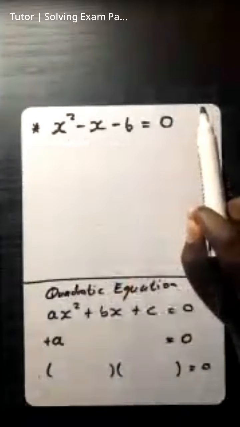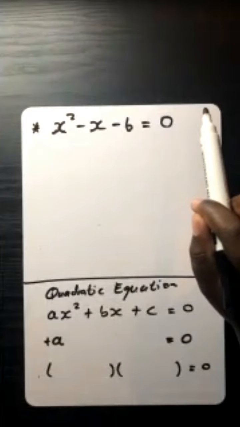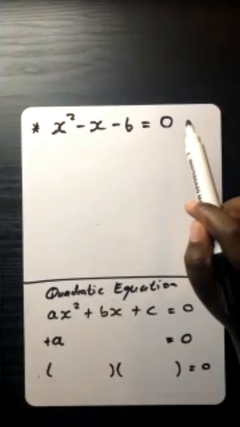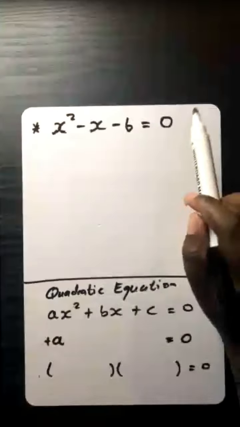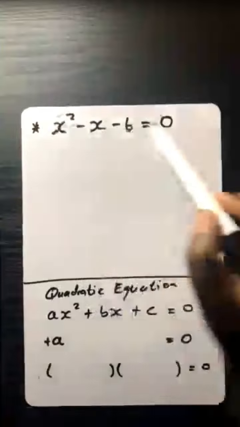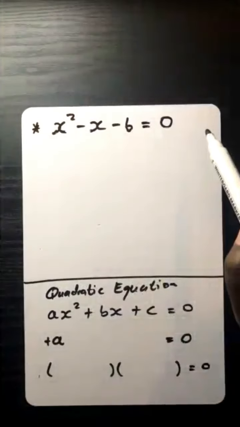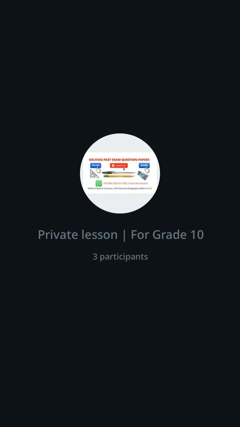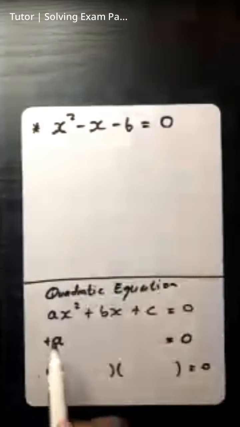Okay, so is this a quadratic equation? The answer to that question is a yes. Why am I saying it's a quadratic equation? It's because I see a letter squared. If it's a quadratic equation, the next question that you should ask yourself is, is it in the standard form?